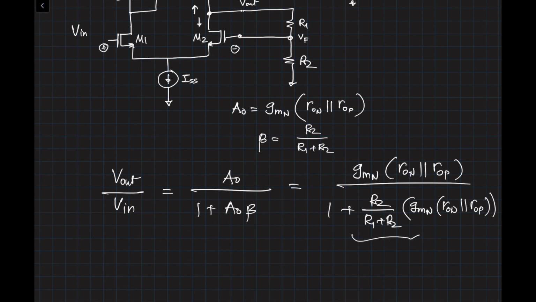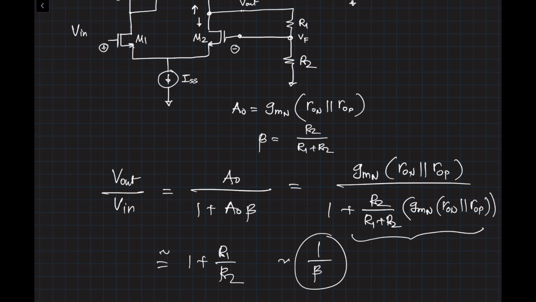So if this part of the expression is very large, which is highly likely because gm times Ro is a very large number, then for practical values this will almost look like 1 plus R1 divided by R2, which is again the reciprocal of beta that we have already talked about.